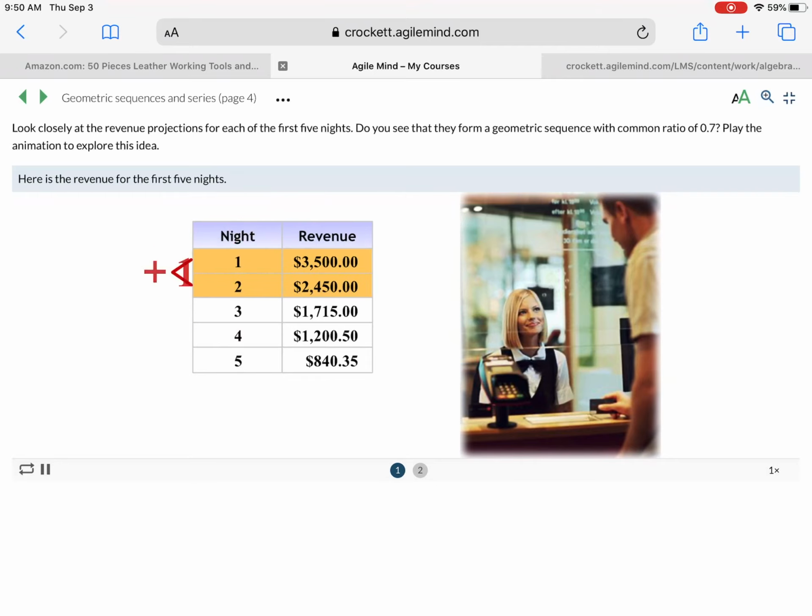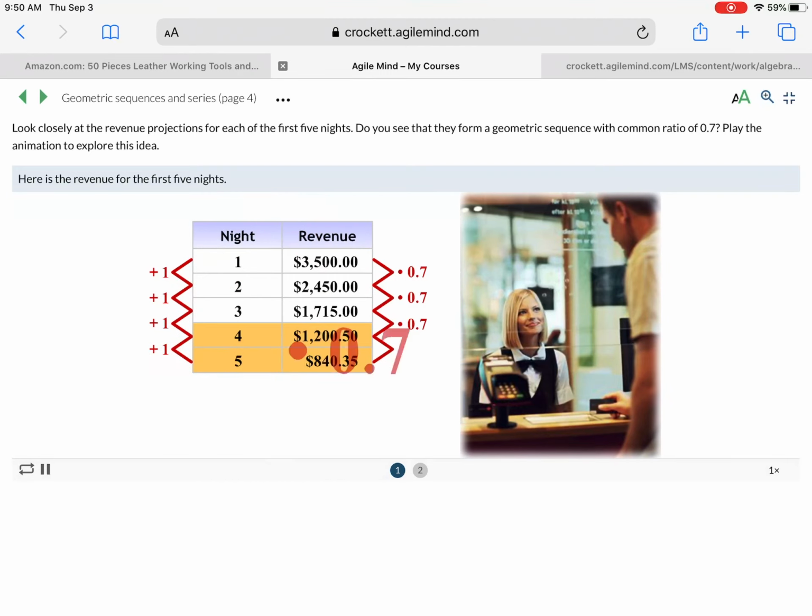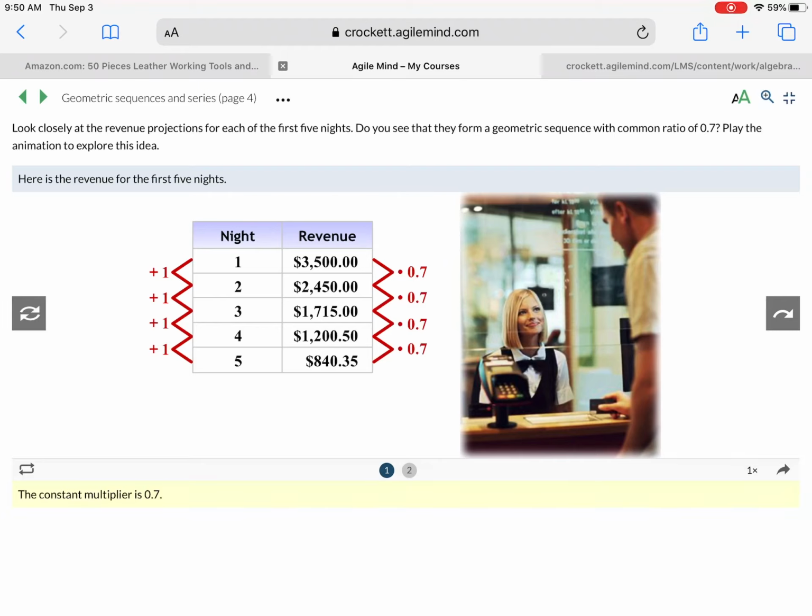Okay, here it is again. Hit play. It tells us that for every night, it is being multiplied with a common ratio of 0.7. It's a constant multiplier because, 1, it's a constant, same thing every time, and it's being multiplied every time.